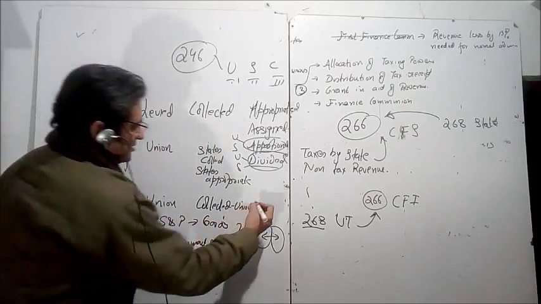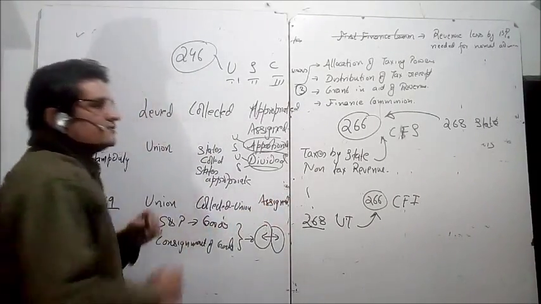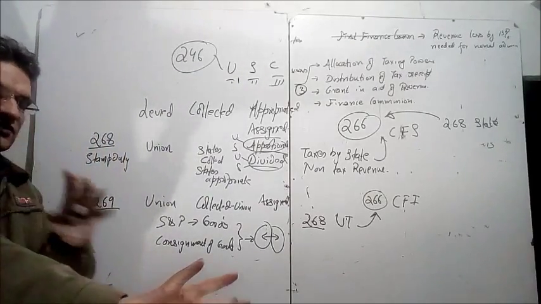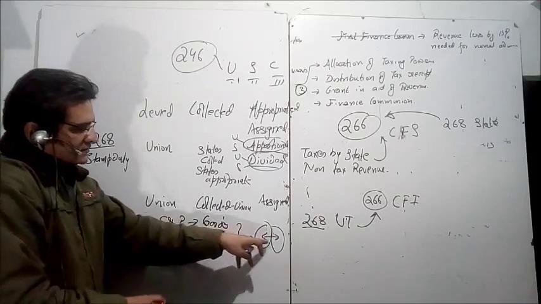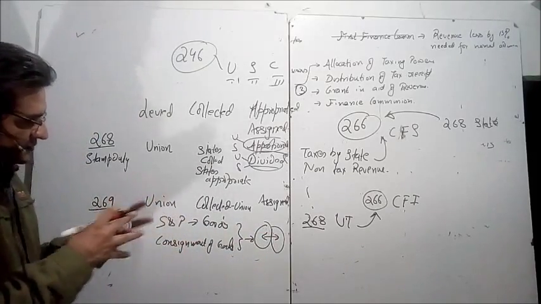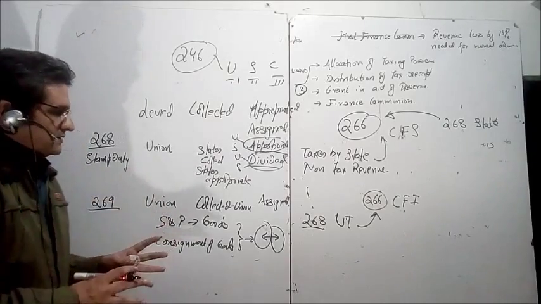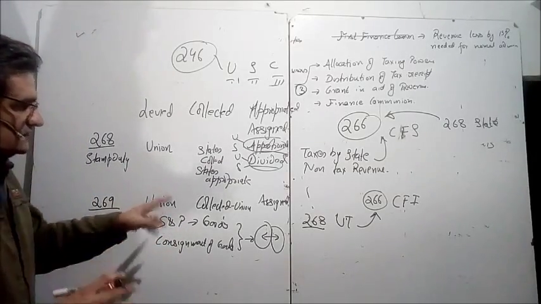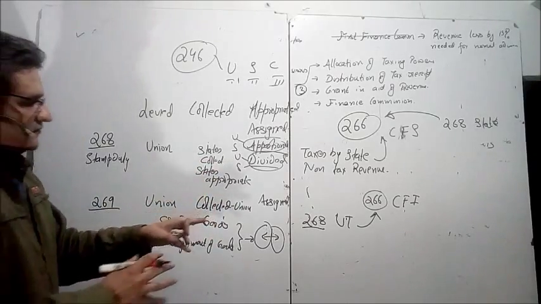Here the word is assigned because the union was collecting and it is assigning to the states where it is collected, and also it is distributed in between the states. And in what manner the distribution will take place is decided based on the law made by the parliament. This also doesn't come to the Consolidated Fund of India.